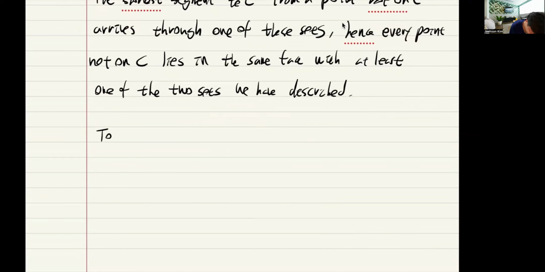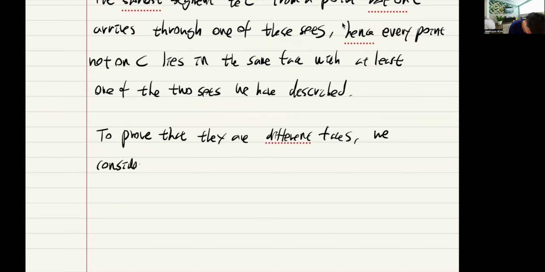To prove that they are different faces, we consider rays in the plane.